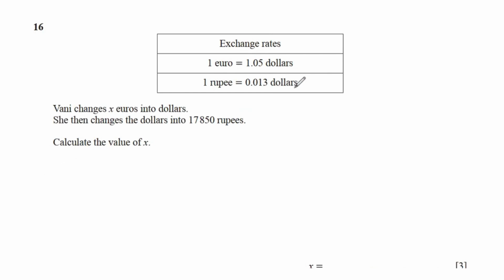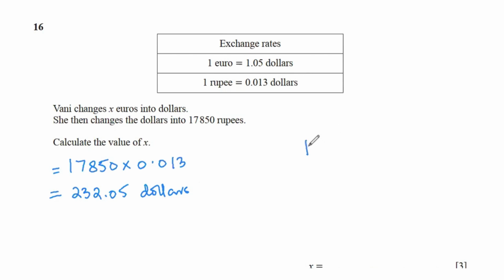1 rupee is $0.013, so 17,850 rupees, we times it by 0.013 to get the amount in dollars, and that's going to be $232.05. Now from dollars we go to euros. So 1 euro is $1.05.